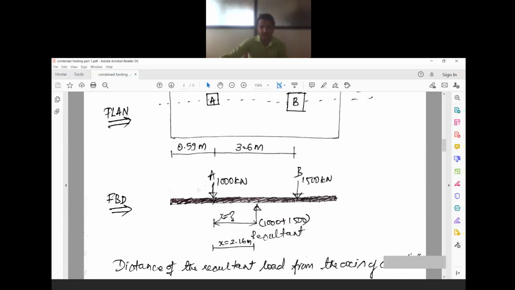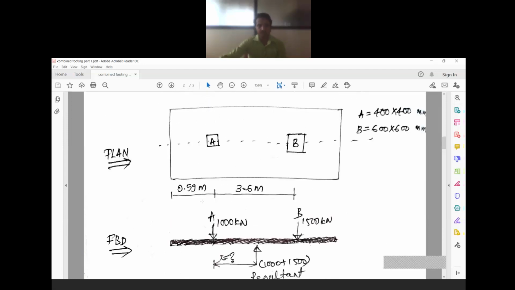So with this data, first we have to find the resultant of column load. See, there is one simple concept. For any series of loads, we can find the resultant for that load.